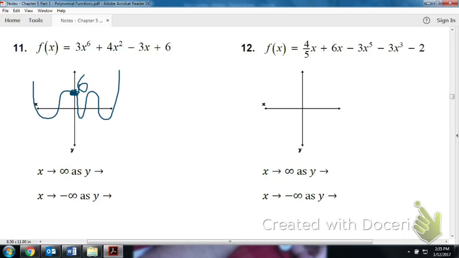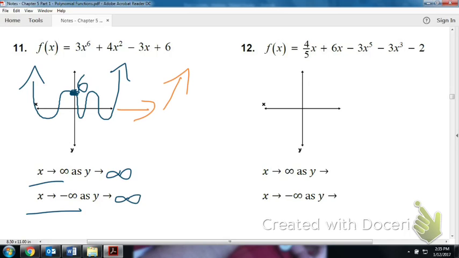Right? And my handwriting's beautiful, I know. So for this one, as x approaches infinity, y also approaches infinity, because as x is going to the right, y is going up. As x approaches negative infinity, y approaches infinity again, because as x goes left, y is also going up.